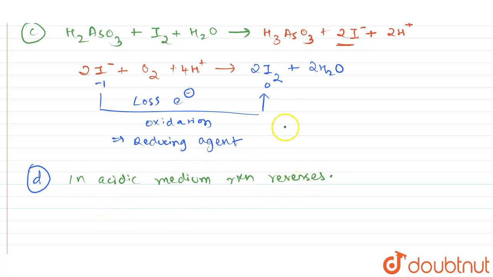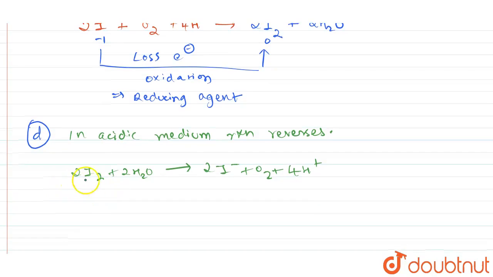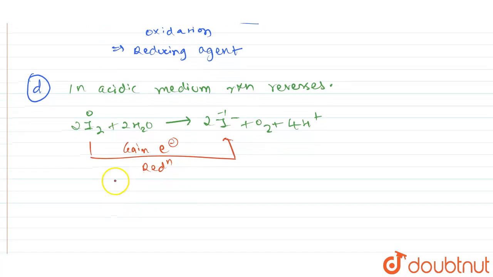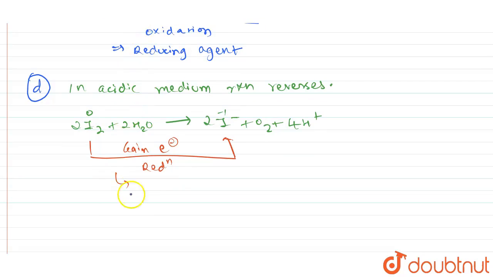So this 2I2 and 2H2O will reverse and give me 2I minus plus O2 plus 4H plus, right? So the oxidation state has changed from 0 to -1, which means gain of electron, and gain of electron means reduction, and the one which is undergoing reduction is known as the oxidizing agent. So this will act as an oxidizing agent.